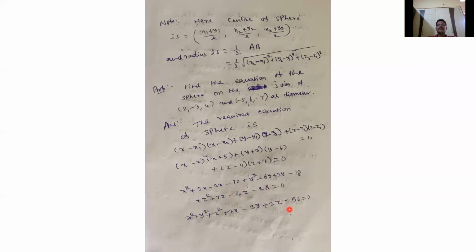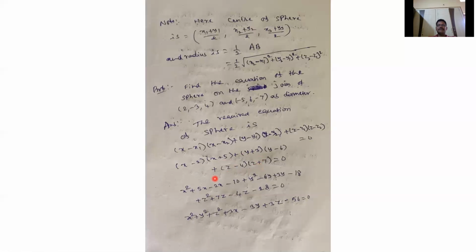So finally, the equation of the sphere on the line joining the points 2, minus 3, 4 and minus 5, 6, minus 7 as diameter is (x minus x1)(x minus x2) plus (y minus y1)(y minus y2) plus (z minus z1)(z minus z2) equal to 0. So we are getting (x minus 2)(x plus 5), (y plus 3)(y minus 6), (z minus 4)(z plus 7) equal to 0.